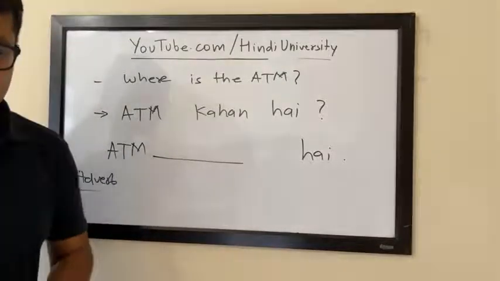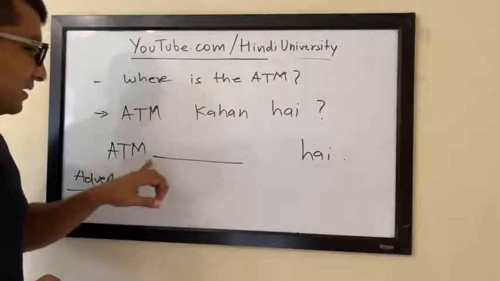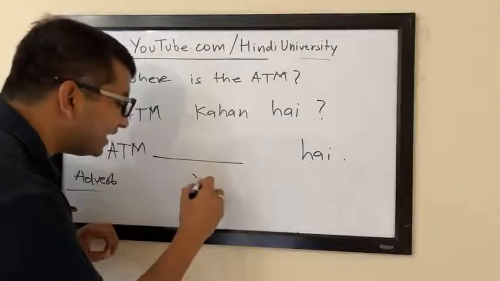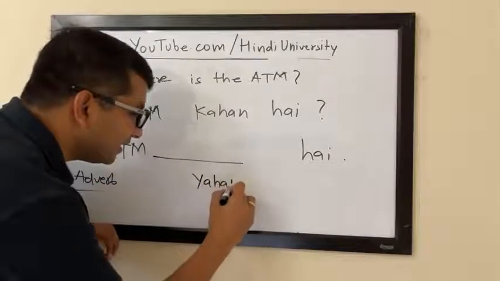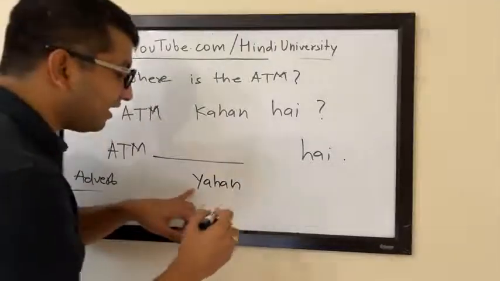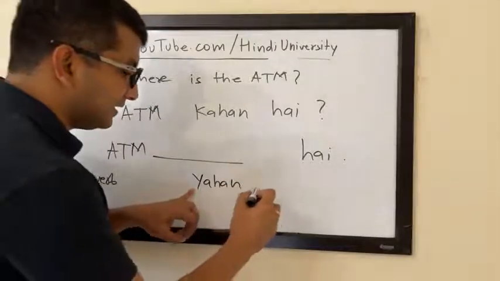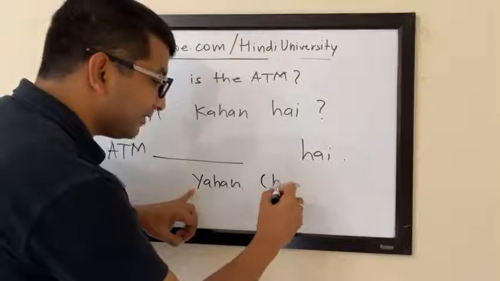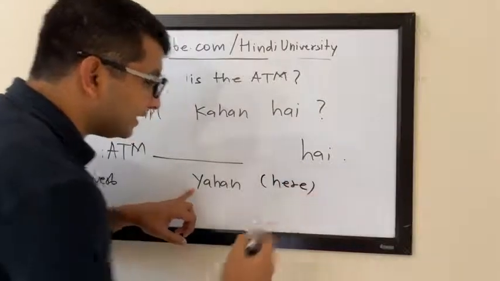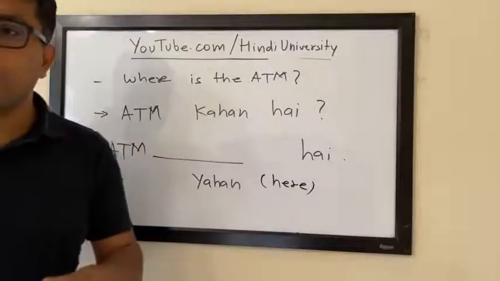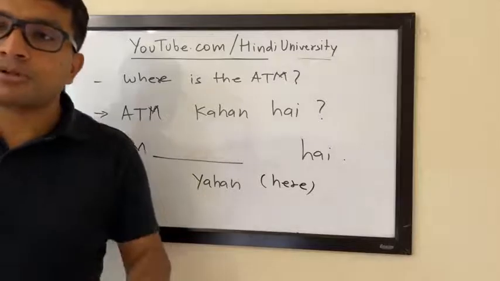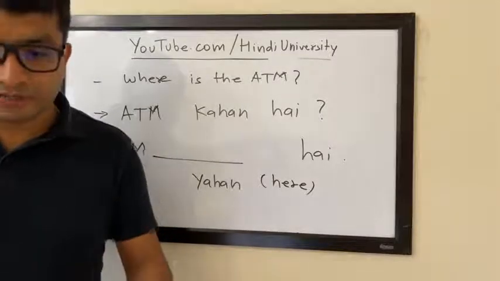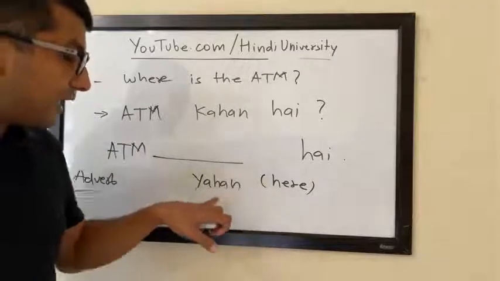Hypothetically, how will you respond? ATM यहाँ है. Very good. So what is यहाँ in this case? Here. So he said ATM is here. He responded about the where of the question being asked. That's an adverb. यहाँ है.